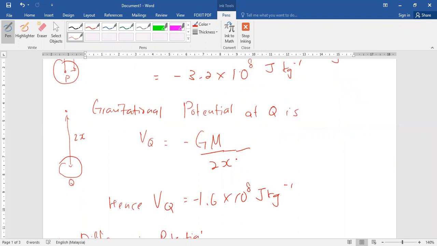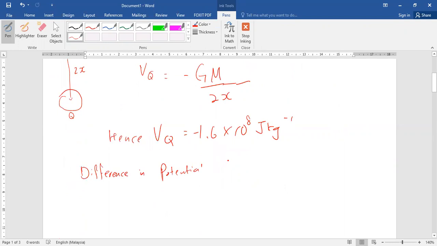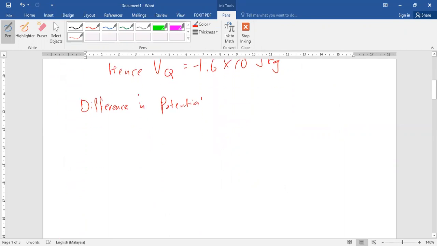So from here, what will be the change of the potential difference? Delta V will be equal to delta P minus delta Q. P is lower, nearer to the surface of the Earth, so it will be bigger.